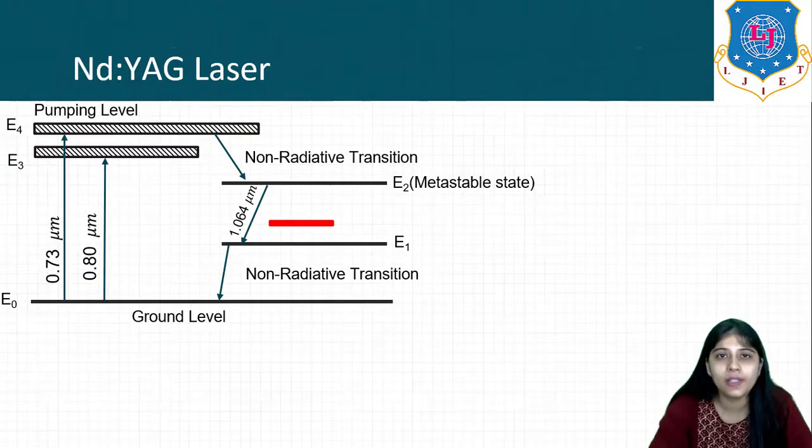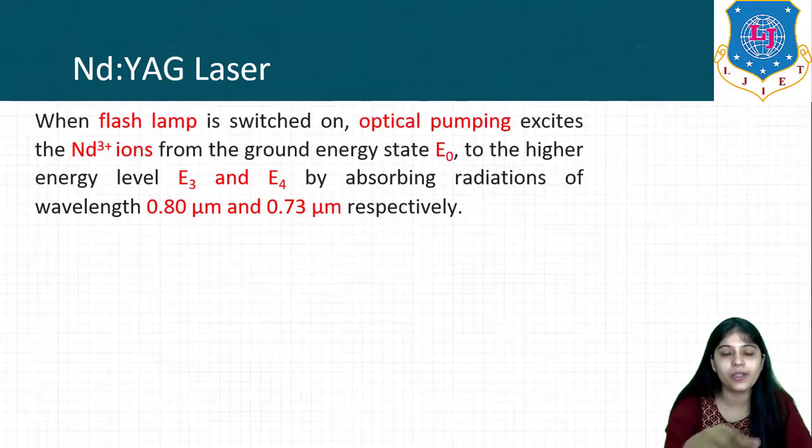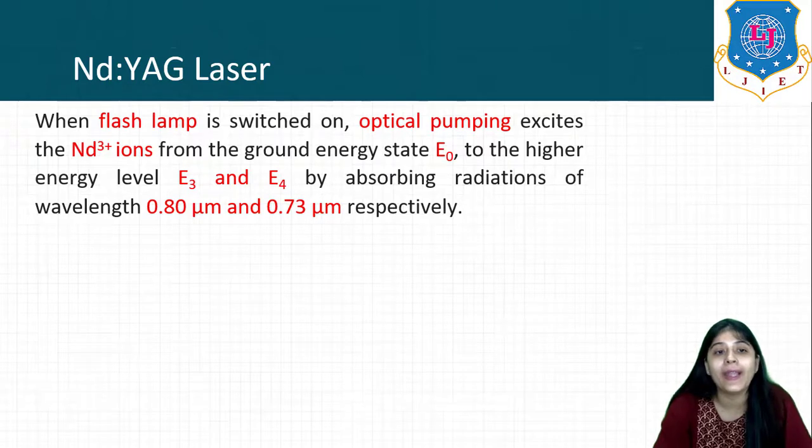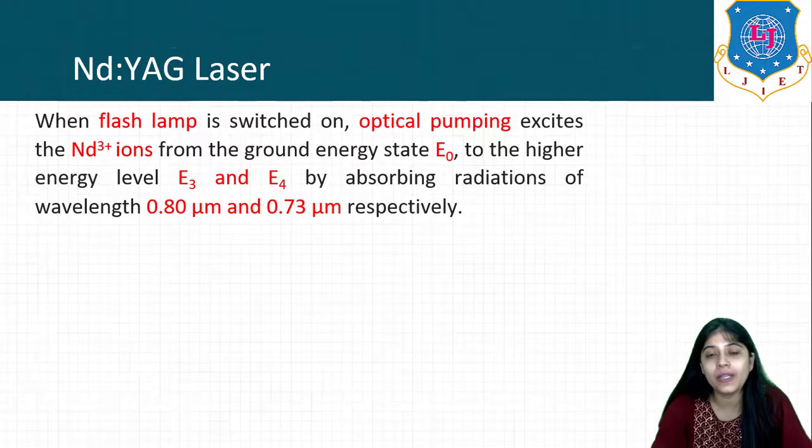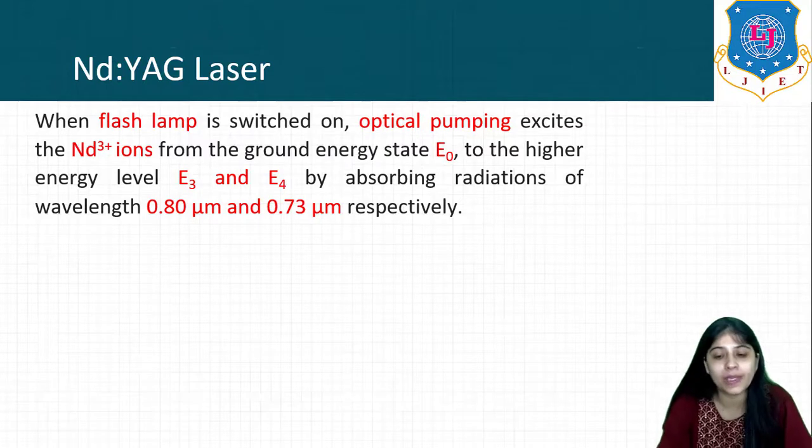So in this way the laser beam is formed. Now let us see some key points. When the flash lamp is switched on, optical pumping excites the Nd+3 ions from the ground energy state E0 to the energy levels E3 and E4, the excited levels, by absorbing radiations of wavelength 0.80 micrometer and 0.73 micrometer respectively.